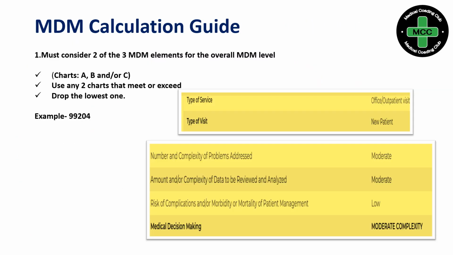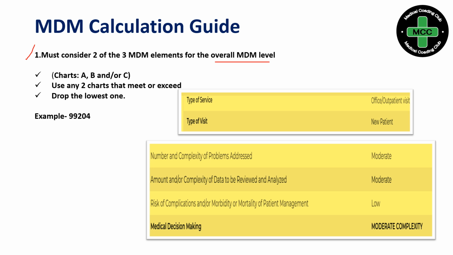Before going to chart A, B, and C, you should also know the MDM calculation guide. In this MDM calculation guide, we will follow two methods. The first method is: must consider two of three MDM elements for the overall MDM level.